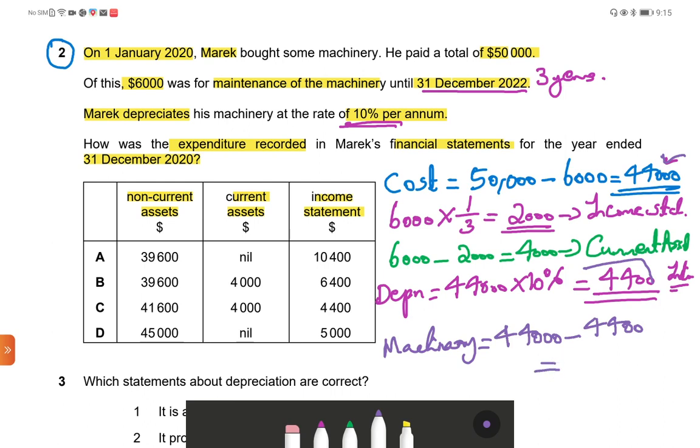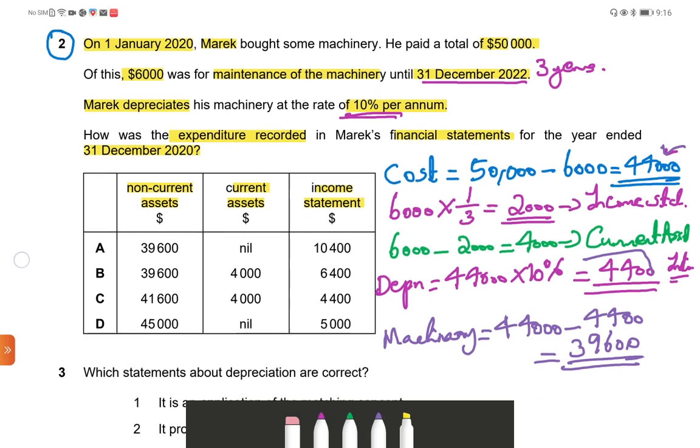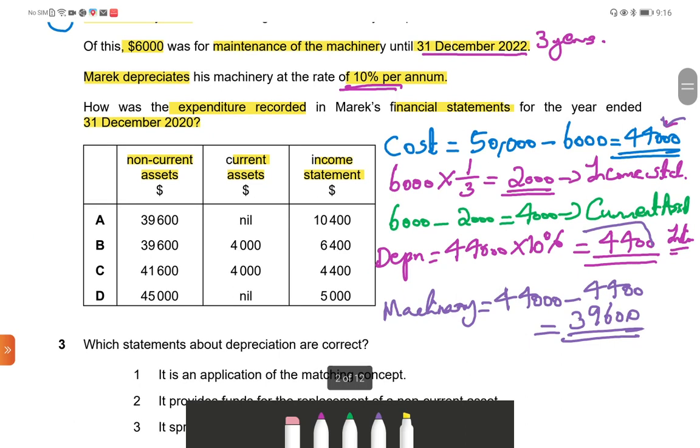So 44,000 minus 4,400, how much does it come? That is 39,600. 39,600 is the value of non-current asset. So here given option A and B is 39,600.